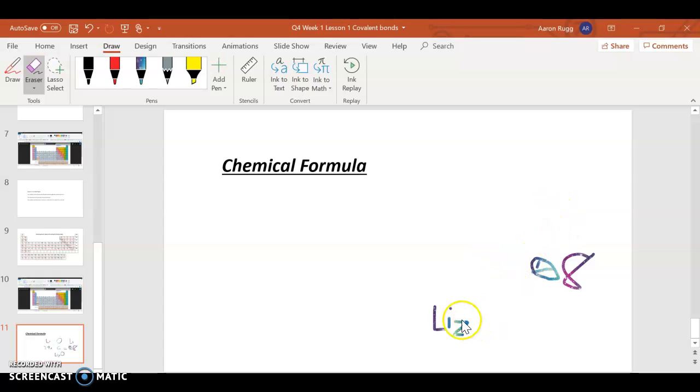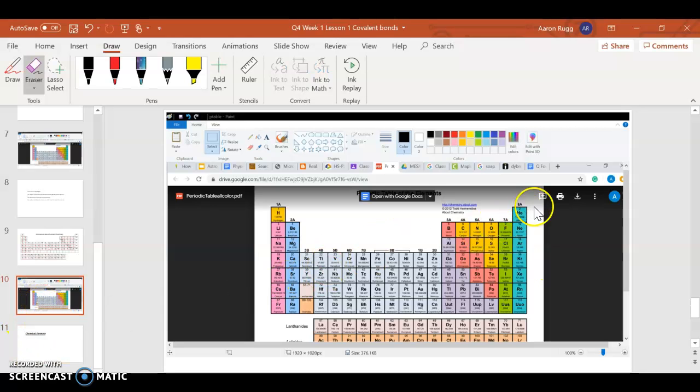Go ahead and try and do it on your own. Pause the video, right? Step 1, look at the periodic table, figure out the type of molecule you have. Step 2, look at the valence electrons. That's the column, the group. And then step 3, try and figure out how many of each atom you need to get to that stable configuration. And then start it up again.